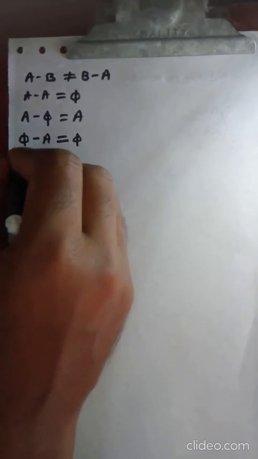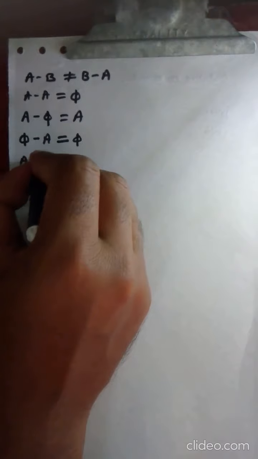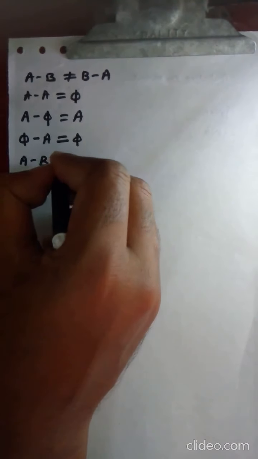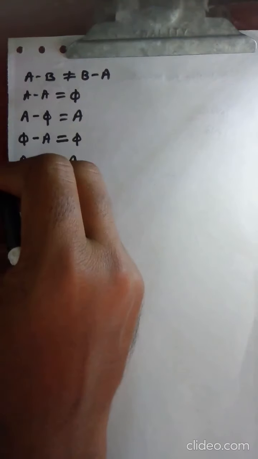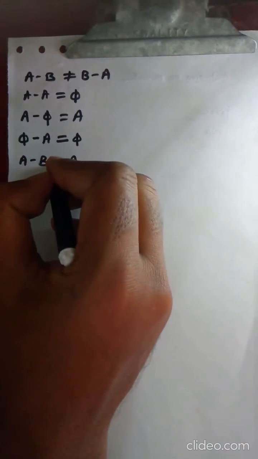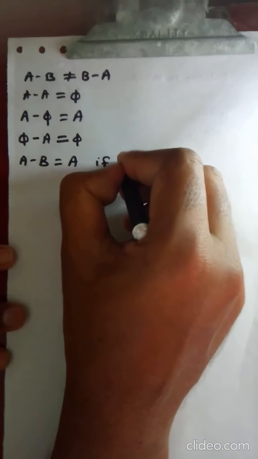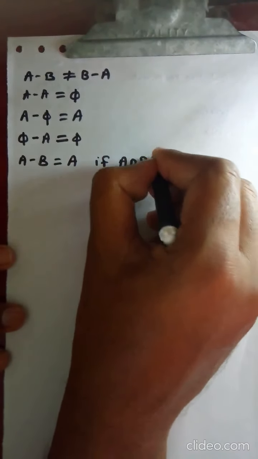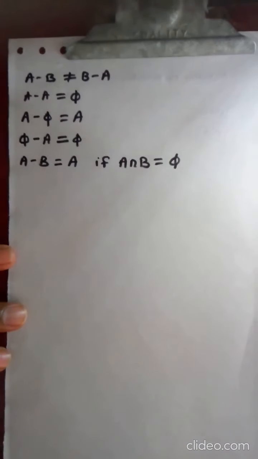Then the next one: A minus B is equal to A if A intersection B is the empty set, right?